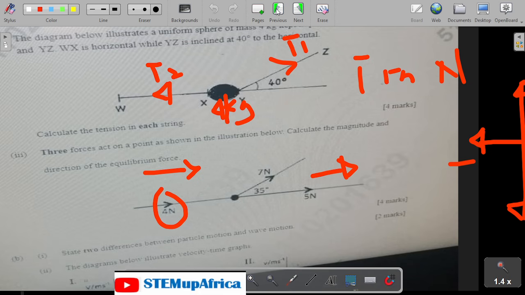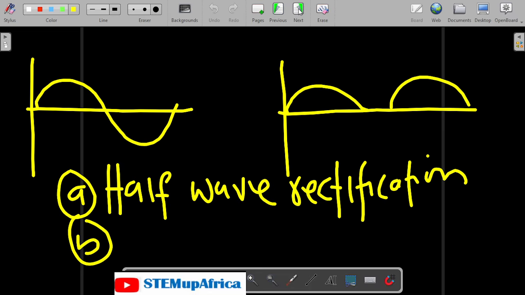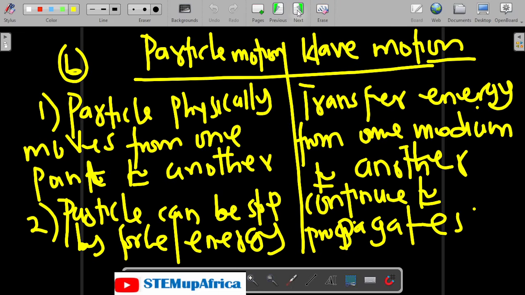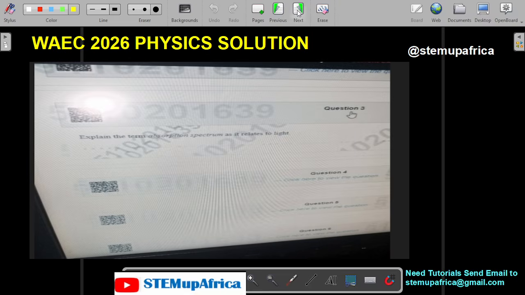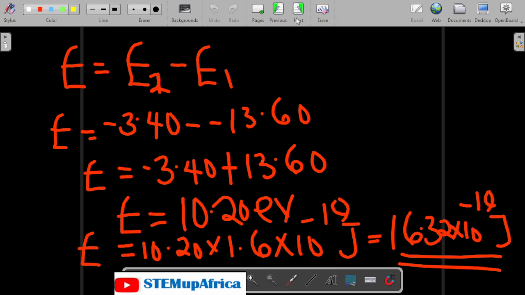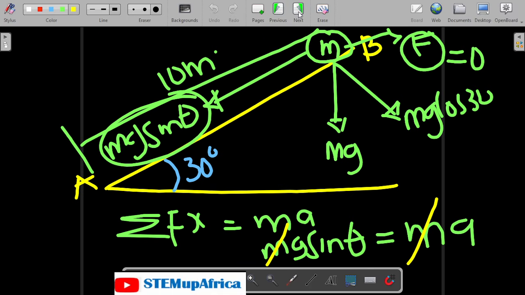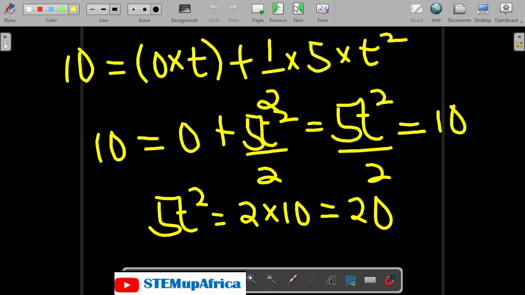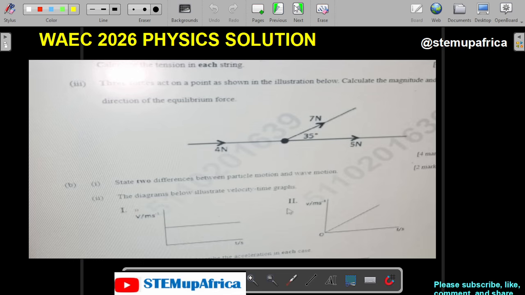So let's see the next question. The diagram below illustrates a velocity-time graph.